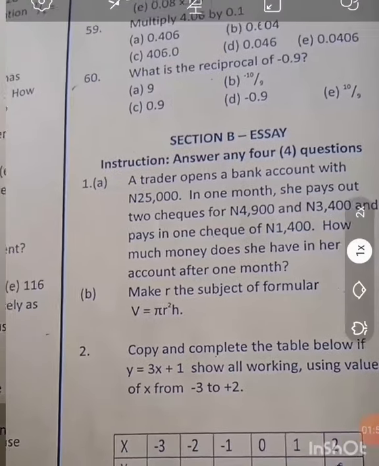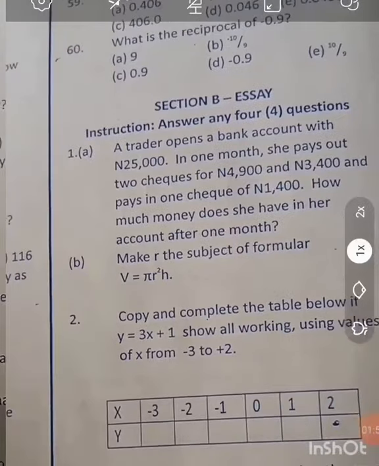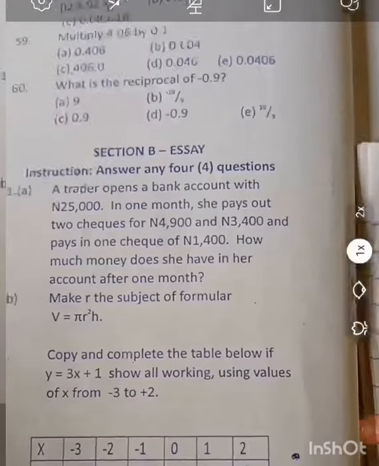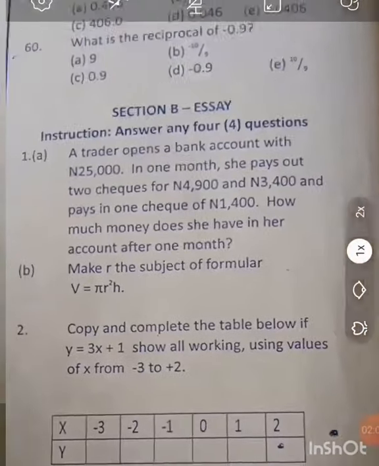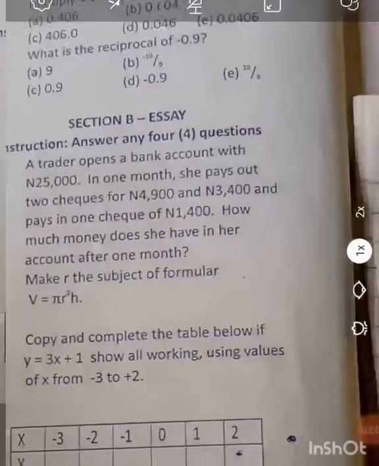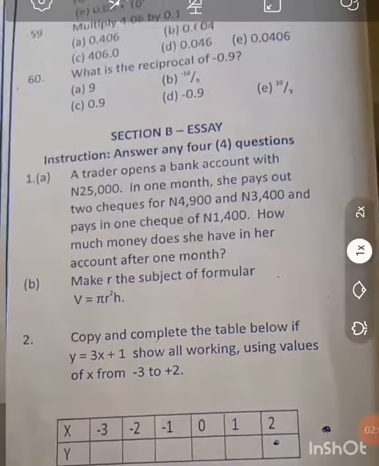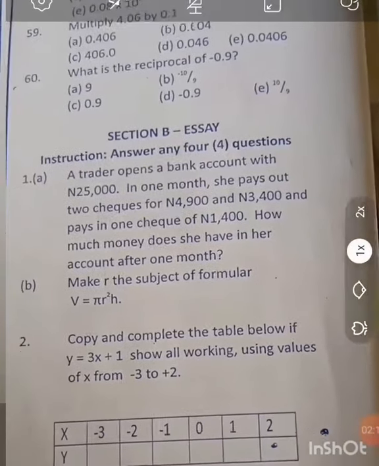Now when she made a withdrawal, you're actually subtracting. If you withdraw money from an account, you are removing it, which means you are subtracting it. So minus, and she paid out 2 checks, which means she subtracted 2 amounts from her account.